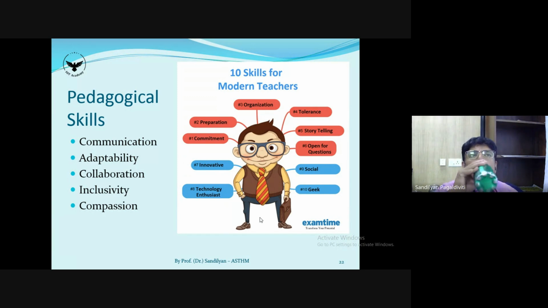But today, the technology has advanced so much that it is very much necessary for teachers to have a lot of other skills like organization, tolerance, storytelling, be ready to face questions, preparation, commitment, be innovative, be social, be ready with technology and be a geek because that is what the current generation is talking.